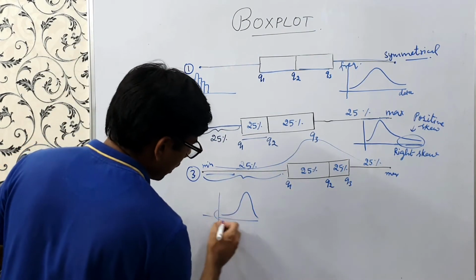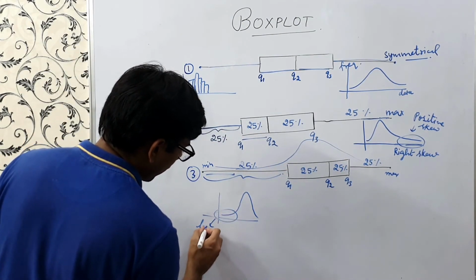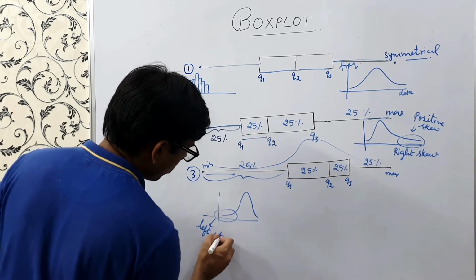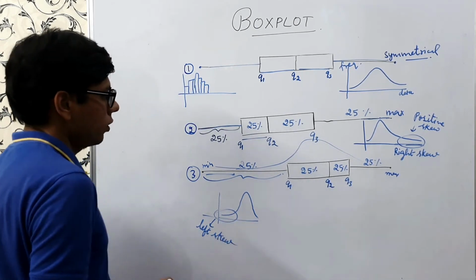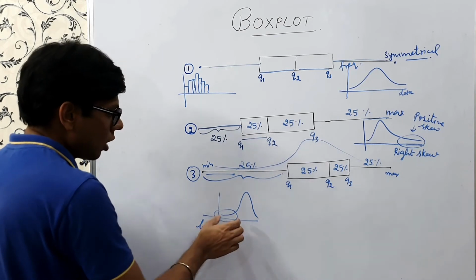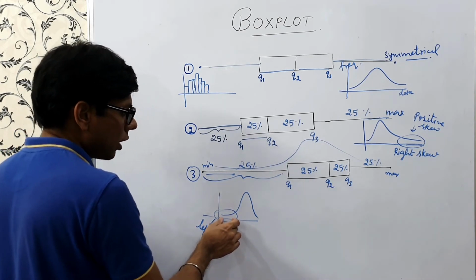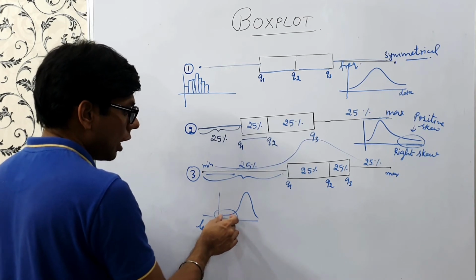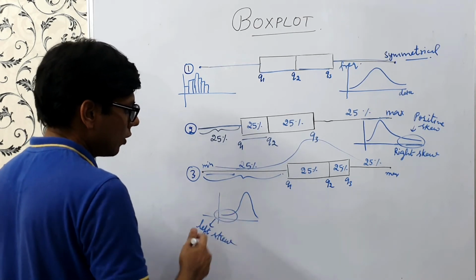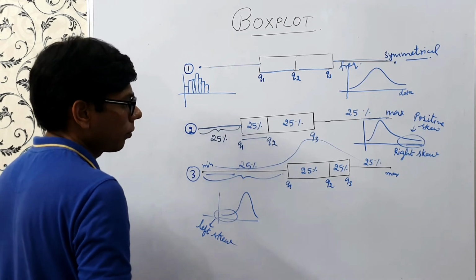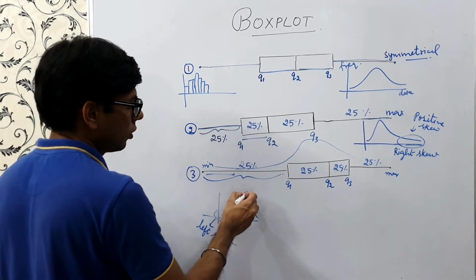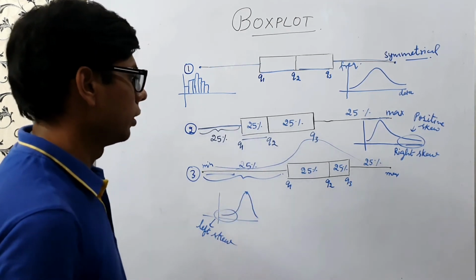So this is nothing but the case of a left skew or negative skew, because some outliers are there to the left of the data or to the negative side of the data, which will decrease the mean, right?